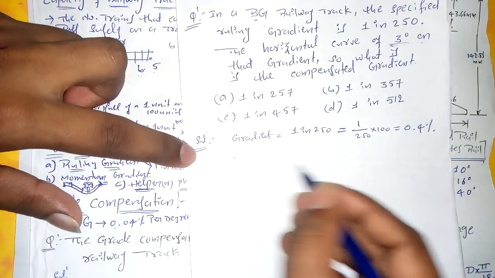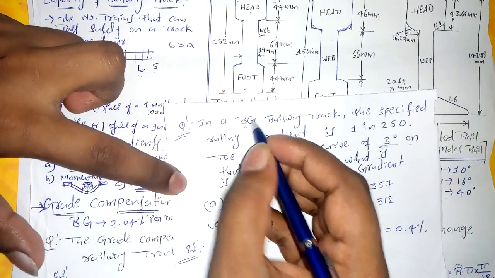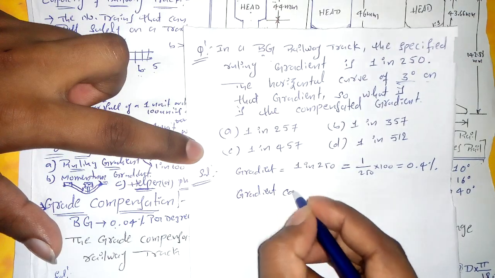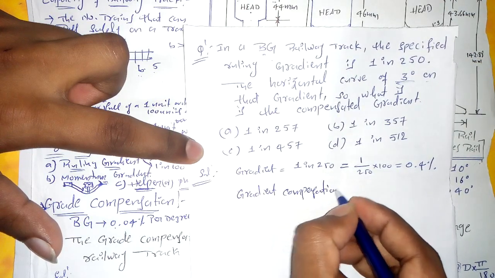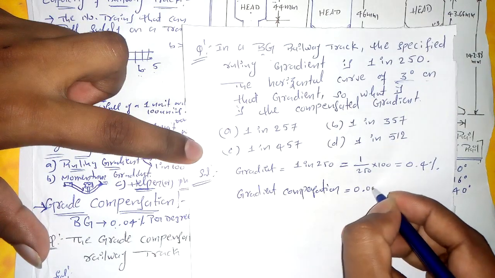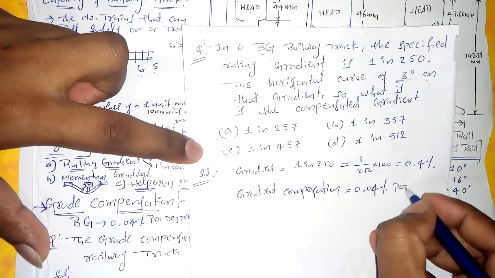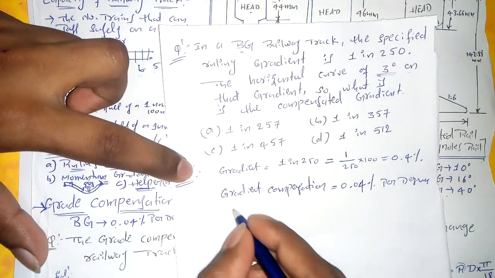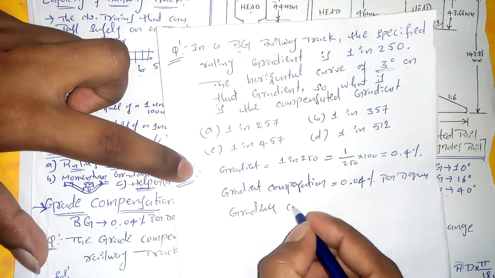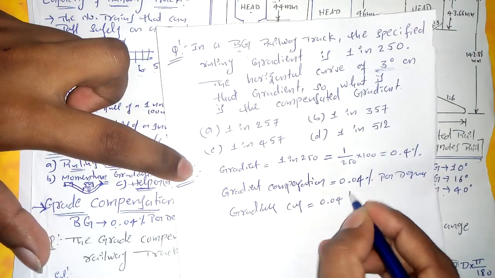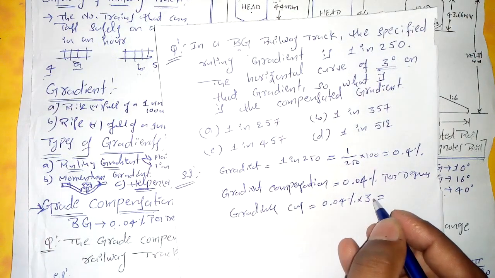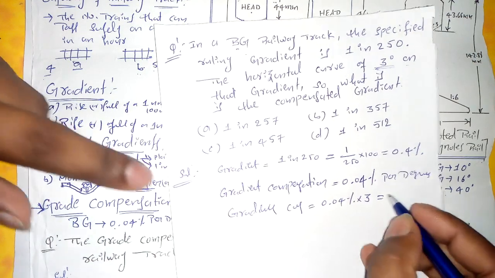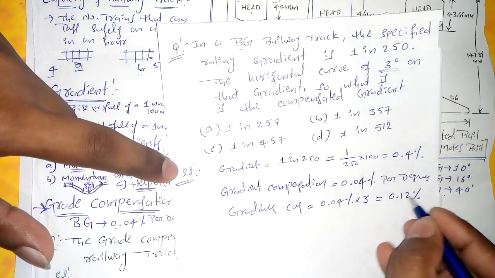So we know that for broad gauge the gradient compensation is 0.04% per degree. So here it is 3 degrees. The gradient compensation for 3 degrees is 0.04% into 3, which is 0.12%.